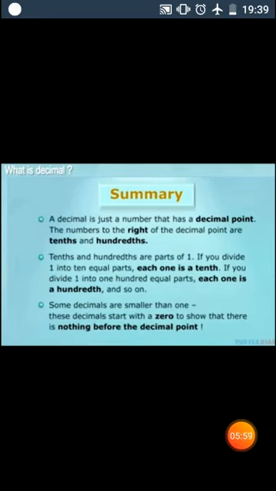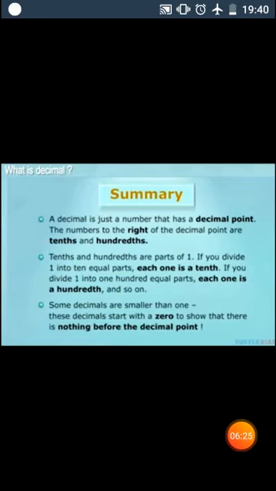If you divide 1 into 100 equal parts, each one is a hundredth, and so on. Some decimals are smaller than 1. These decimals start with a 0 to show that there is nothing before the decimal point.